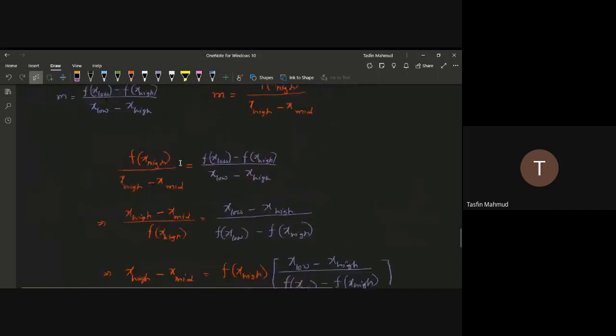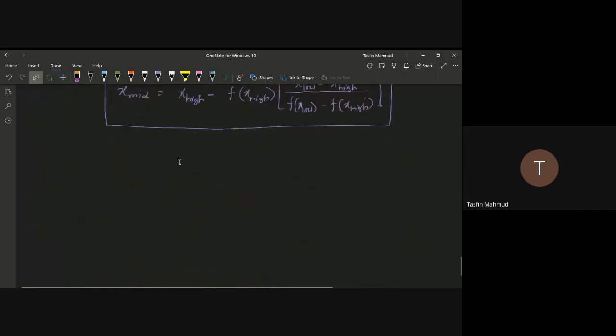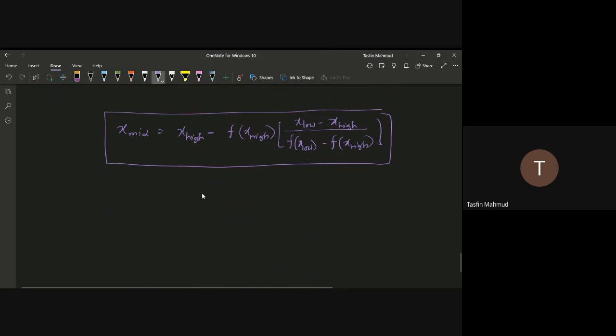Okay, so what's the difference between bisection and Regula-Falsi? The only difference is this: in case of bisection, the x mid value was x low plus x high divided by 2. So we are actually calculating the midpoint by bisecting the interval.